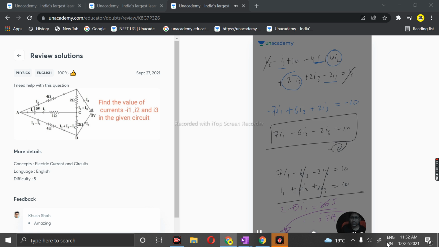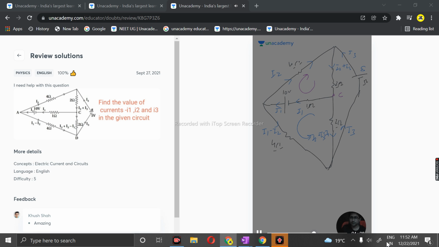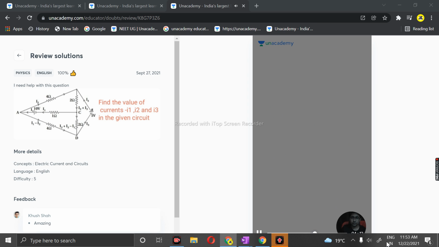Now let's move into this loop. Vc plus 2I2 plus 2I3 minus 5, then we have plus 2I2 plus 2I3 minus 2I1 is equal to Vc. Vc cancels out.